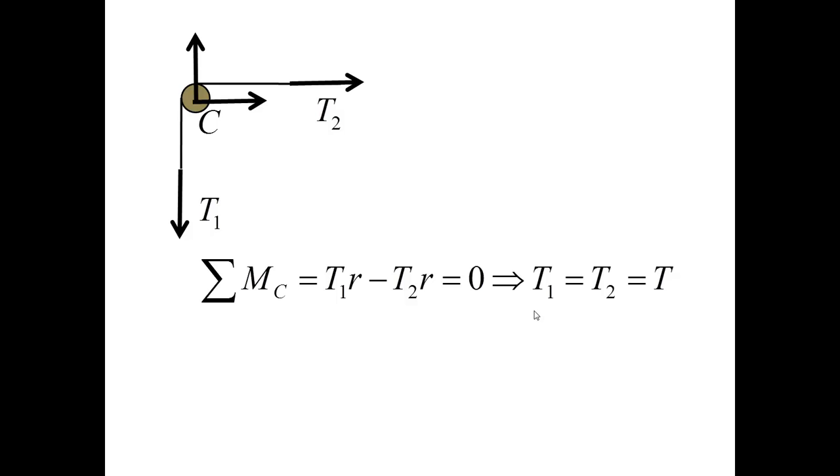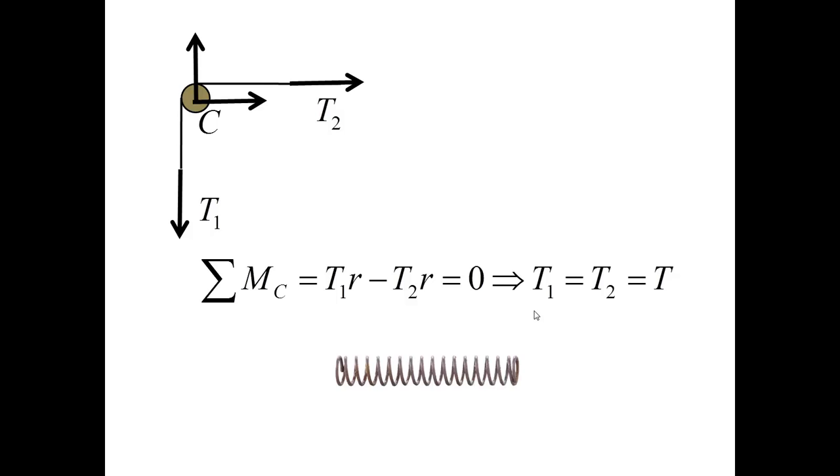First, let me look at the pulley and write down some of the moments about C. This equation, as usual, will tell me that T1 is equal to T2, and I simply call these forces T. And I'm not going to write the force equilibrium equations simply because I'm not interested in calculating the forces Cx and Cy.